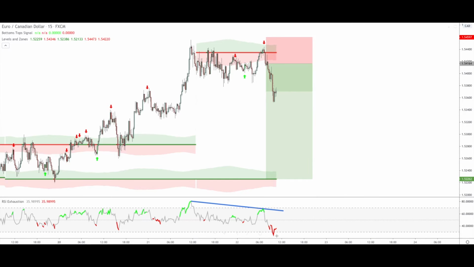The point is that the RSI has moved lower as well, and it has become exhausted, and this is a good indication that the price should continue to fall, because I'm expecting the RSI to stay exhausted for a prolonged period of time, and if it does, then we should expect the price to continue to fall, especially since it is moving quite rapidly. We should expect the price to continue to fall quite rapidly as well.